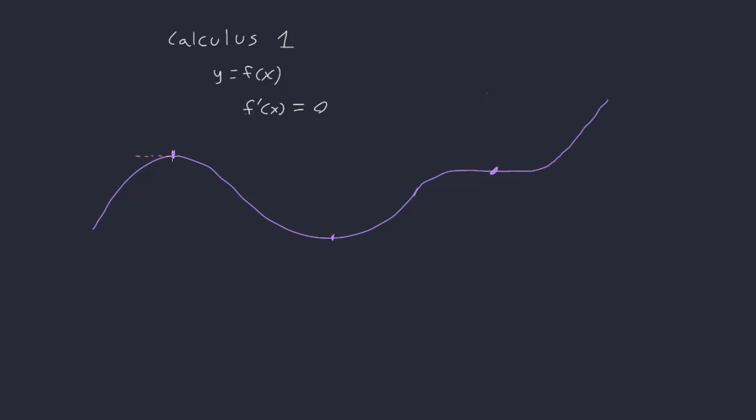Wherever you had a horizontal tangent line, you could possibly have a max, you could possibly have a min, or you could have a situation where you had neither. So this here would be like a leveling off point, usually an inflection point.